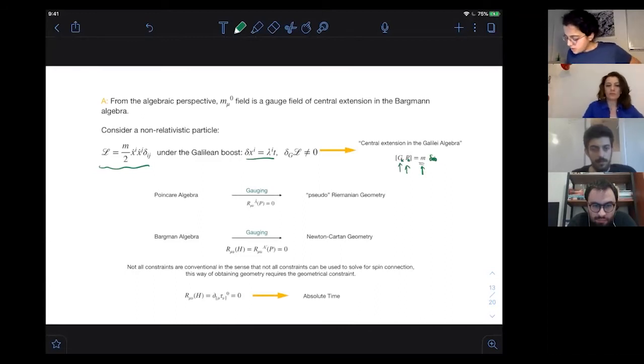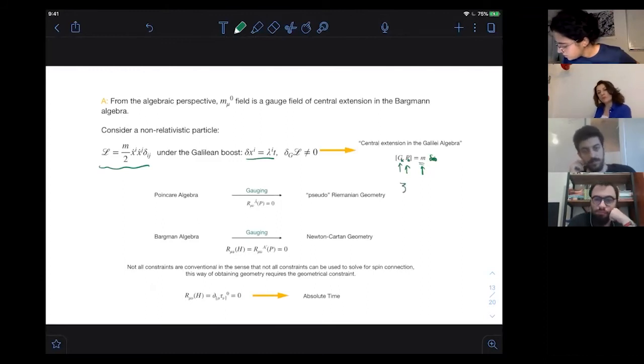So let me briefly say what would happen for GR. If you start with the Poincare algebra and gauge it, I'm not sure whether we are on the same page, but by gauging I mean that for every generator of the algebra, you have a transformation parameter. Let's say psi^A-hat and lambda^A-hat B-hat.